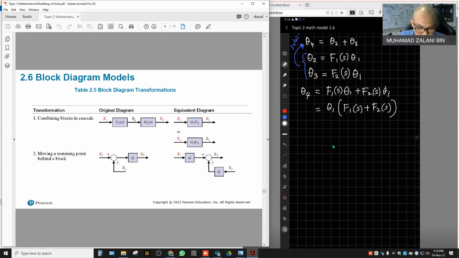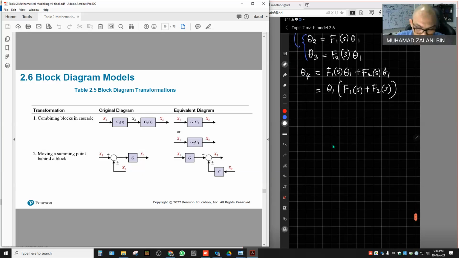Then we can take the ratio of theta 4 divided by theta 1, output divided by input, so that it becomes F1(s) plus F2(s).